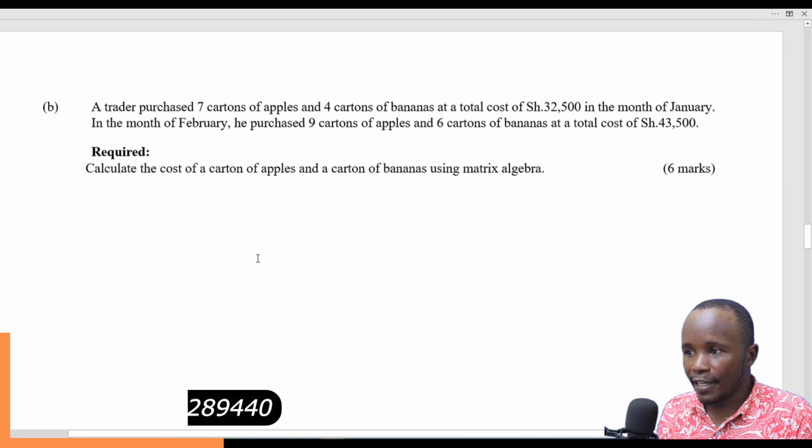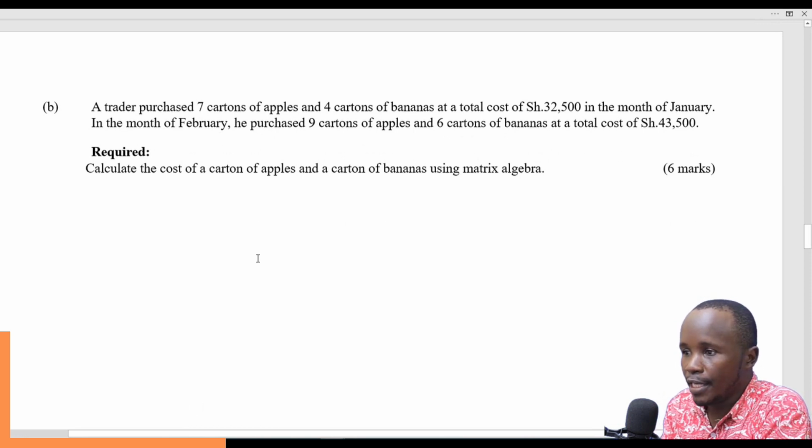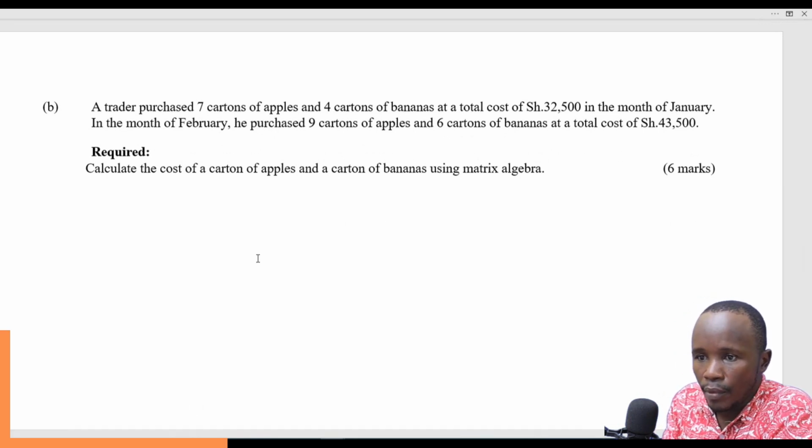Now, the first thing to do here is to come up with a simultaneous equation.